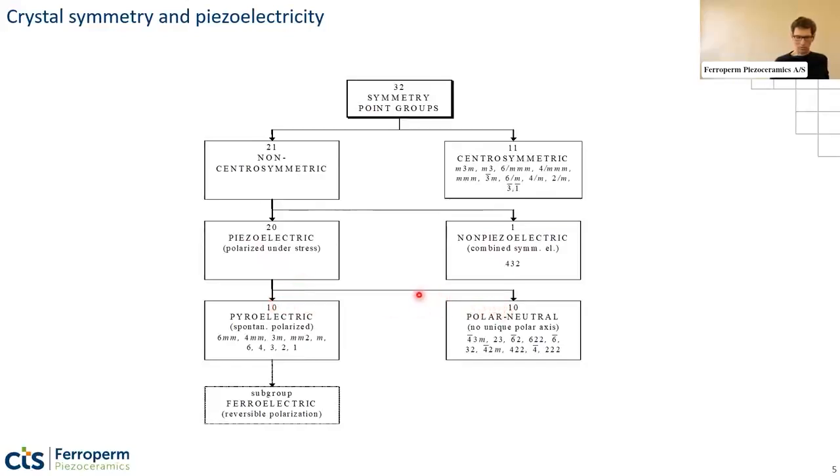are polar neutral. The polar neutral ones, one example is quartz. Quartz can be in these two different symmetries, a hexagonal and a trigonal one. You can also look at the material PZT, which is generally in these two forms.